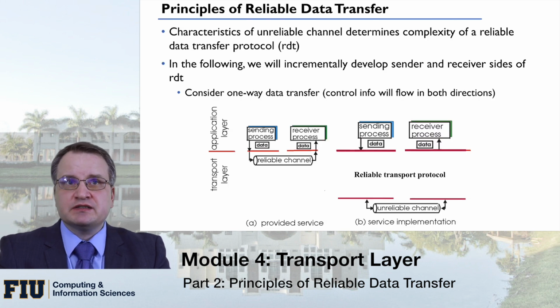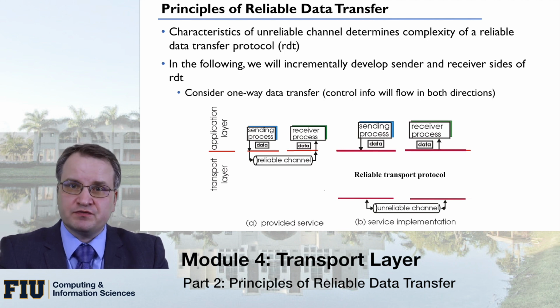And specifically for reliable data transfer, it really depends on what we're trying to achieve and what we have as a communication channel. If our network layer protocol provided us with a very reliable channel, then the process would be simple, because you just send the data and know that it is being received on the other side.